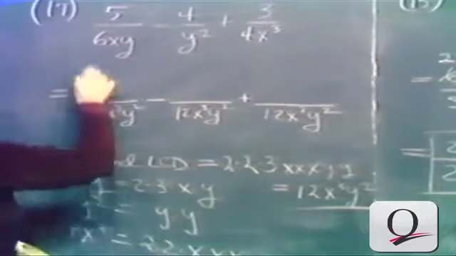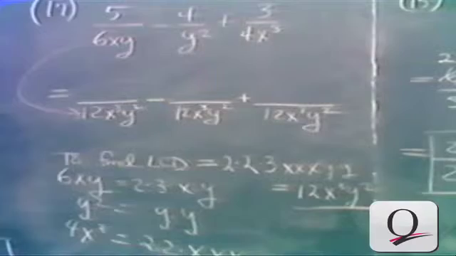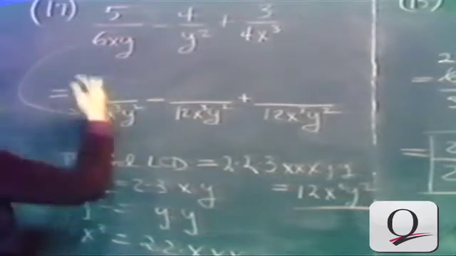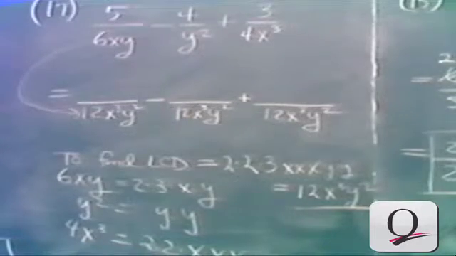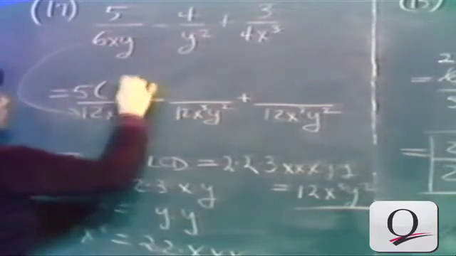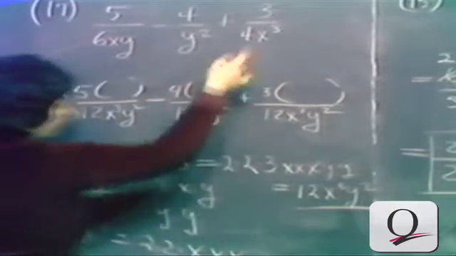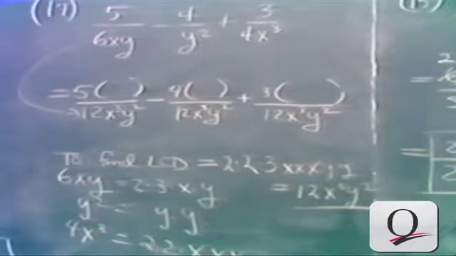So we ask ourselves, what did we multiply this denominator by to get this one? We have to multiply the numerator by the same quantity to get an equivalent fraction.